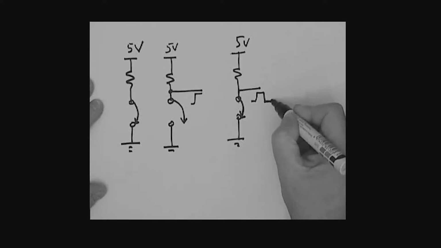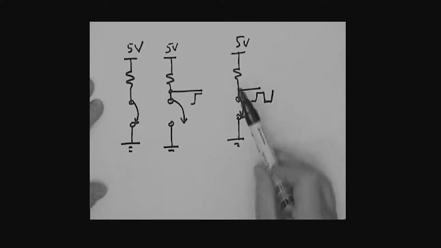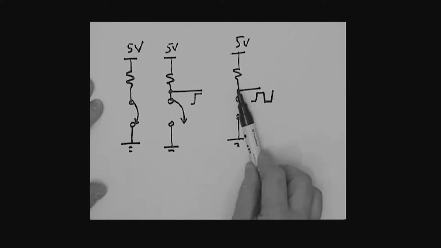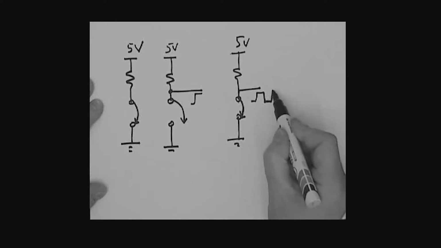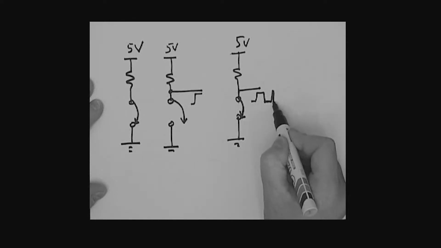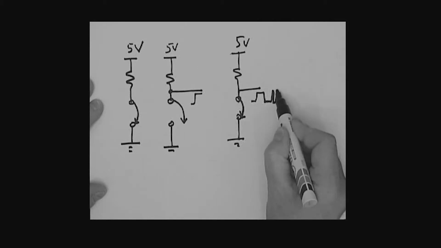And so what we see is this voltage actually rises up again, and then goes back down again, hits, and then bounces open again. So as it makes contact, it goes down, bounces, and creates this rising edge.